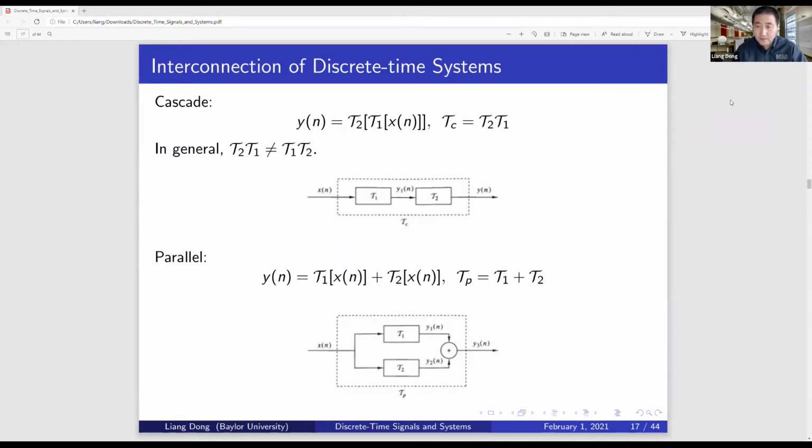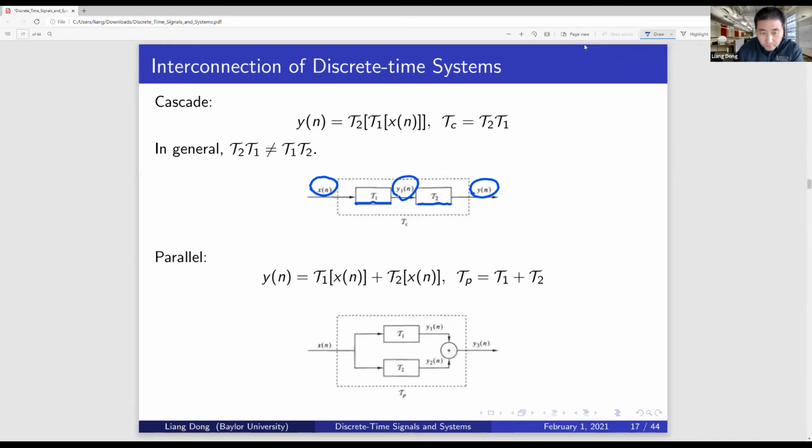Okay, today let's continue with interconnections of discrete-time systems. Two systems here, using operation 1, T1, and operation 2, T2, to indicate them. Two discrete-time systems can be cascaded. The cascade looks like this block diagram. I have input signal x[n] coming to the first system T1, becoming signal y1, and then going through the second system, indicated by T2, and then becoming y[n].